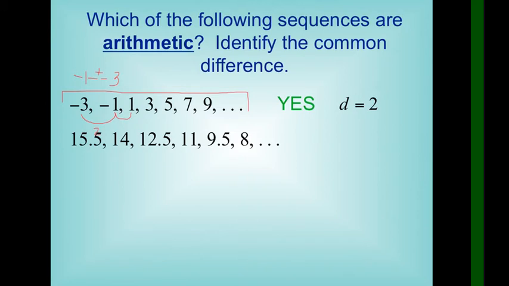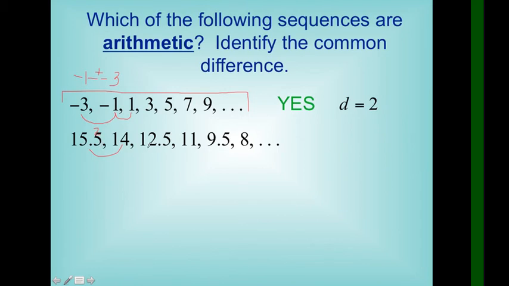Another example: 15.5, then 14, then 12.5, 11, 9.5. Let's see kung may common difference sila. 14 minus 15.5 is negative 1.5.